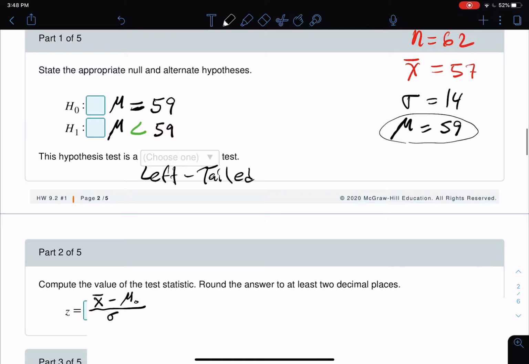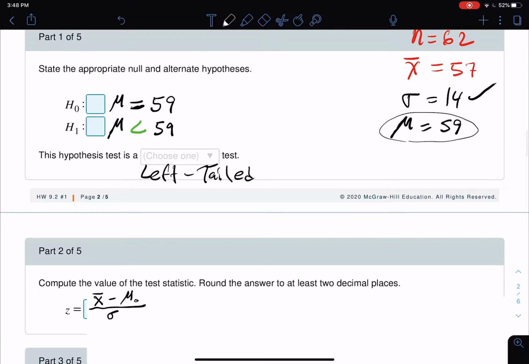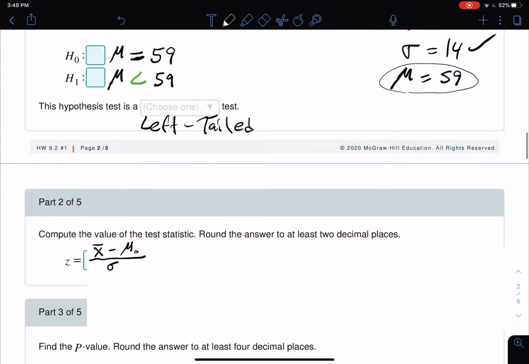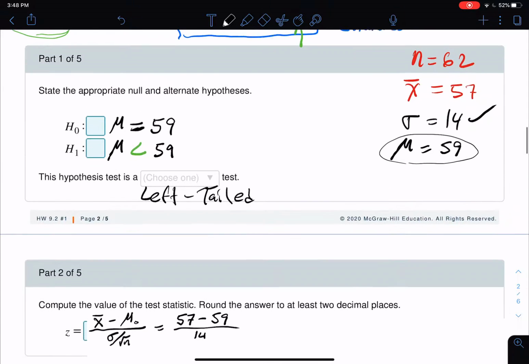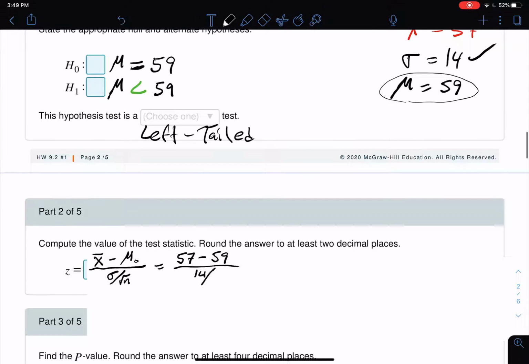We did get sigma, so we know we're using this formula, divided by the square root of n. If we put in those values, we get 57, the sample mean, minus 59, the population mean, divided by a sigma of 14 over the square root of the sample size, 62.